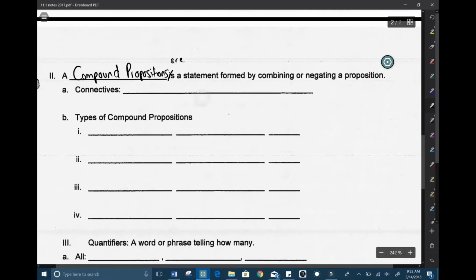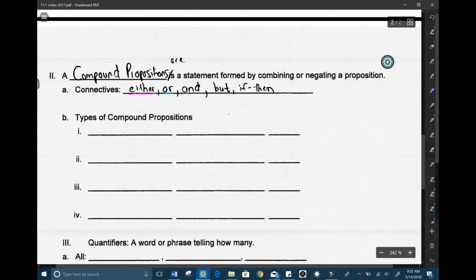The connectives are the words either, or, and, but, and if, then. Okay? Those are all what we call connectives in the logical world.